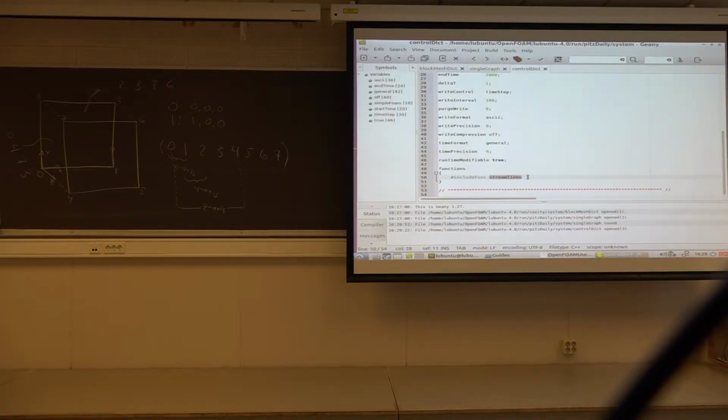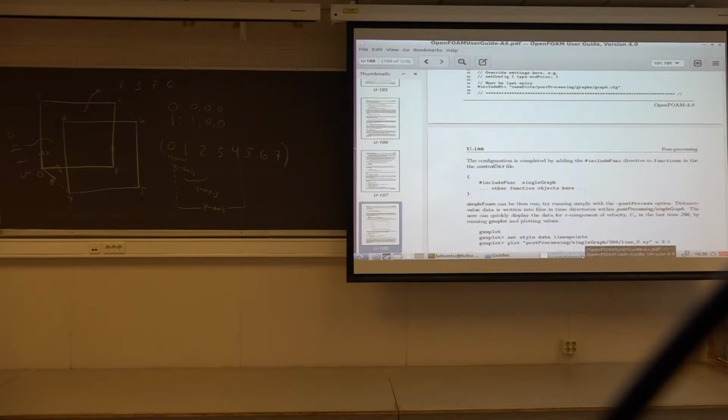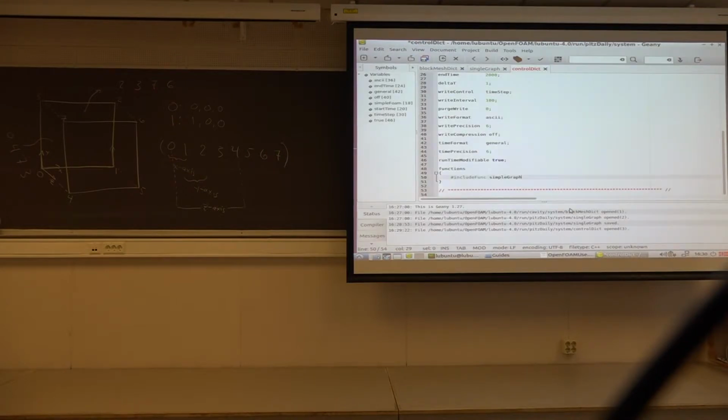So I remove streamlines and I write single graph instead. Is it single graph? Thank you. Single graph. That one should be okay.